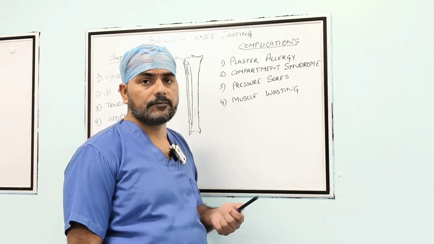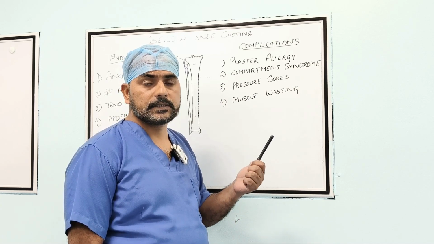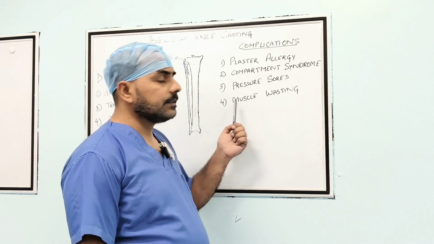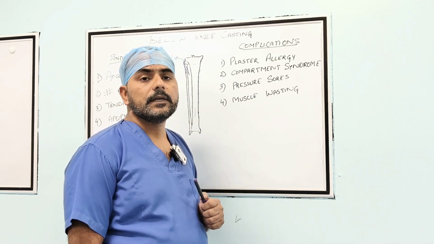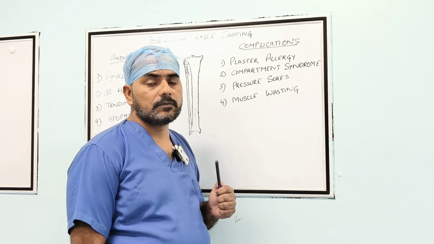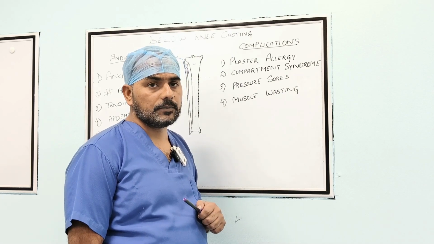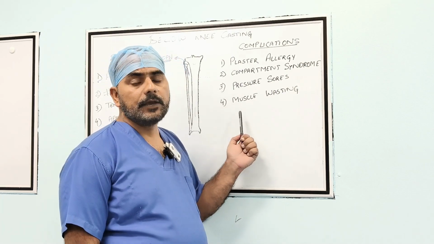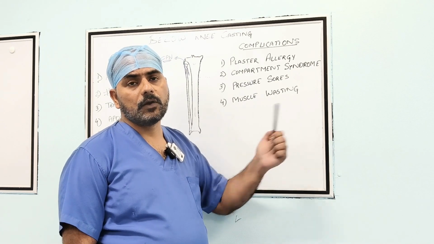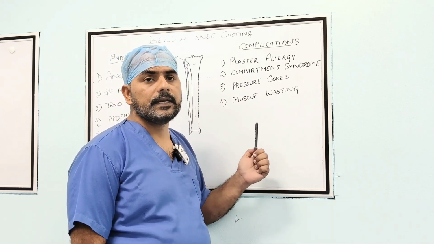So he should be careful enough so that this complication doesn't happen. Then there can be pressure sores if the plaster is too tight around the bony prominences, or if there is inadequate padding around the bony prominences. Then if the plaster is applied for a very long duration of time, it can lead to wasting of the calf muscles.